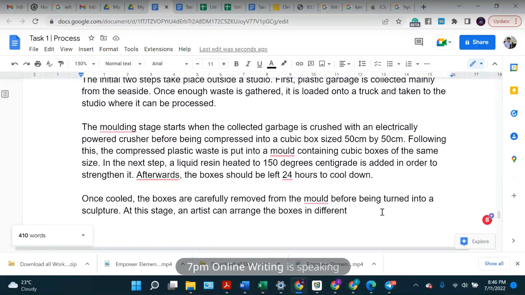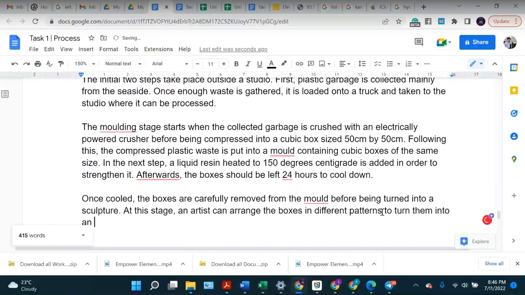In this sentence, you have to repeat the word sculpture, right? Because an artist can arrange the boxes in different patterns to turn them into sculptures, or I was going to say to turn them into an art or something. Yeah, okay. Which can be... Well, into works of art, maybe.